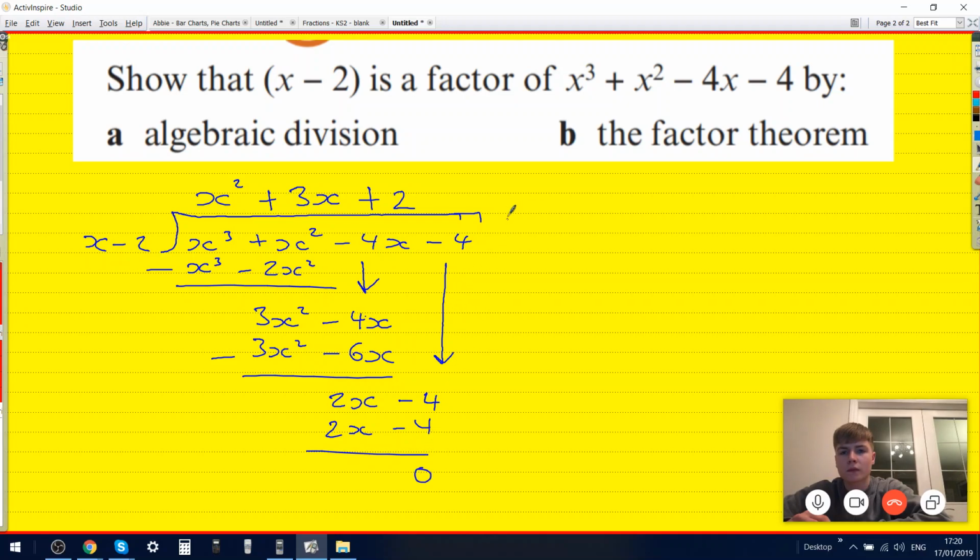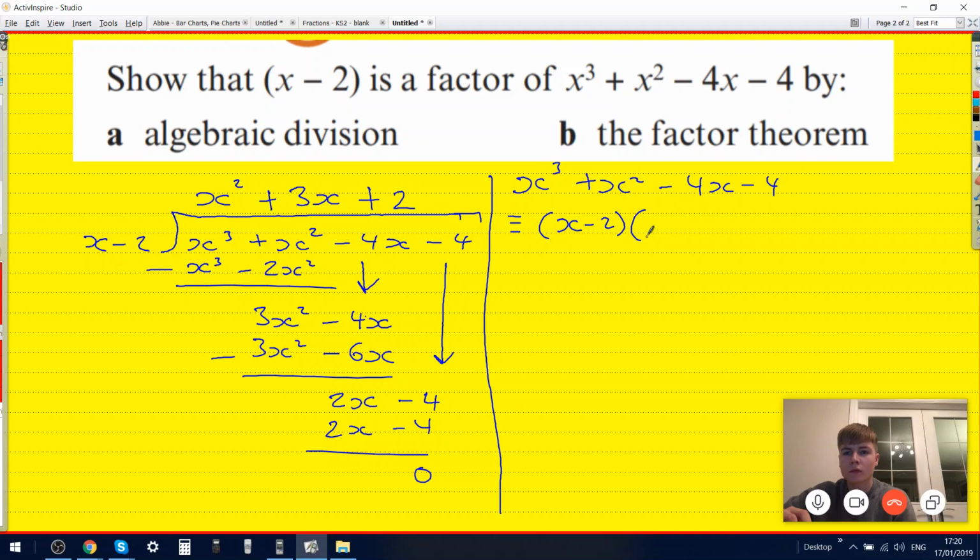So what that shows us is that this cubic expression, x cubed plus x squared minus 4x minus 4, can be written as x minus 2 times the answer, or they call it the quotient, x squared plus 3x plus 2.